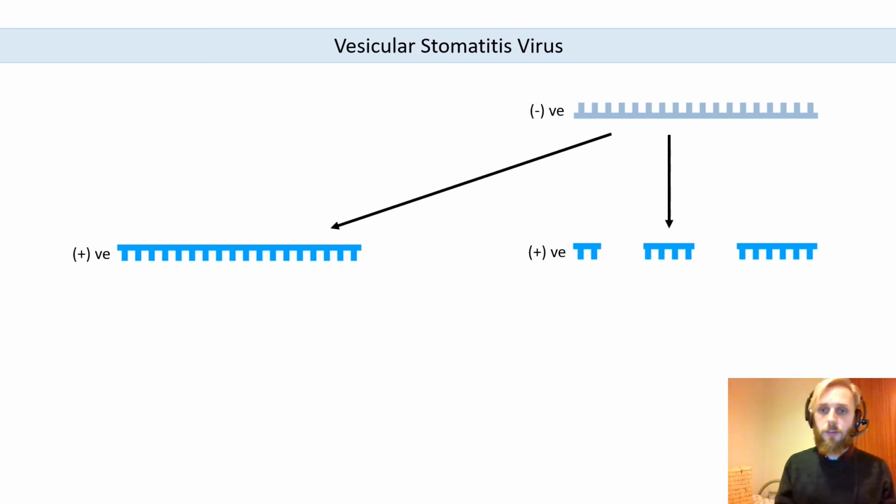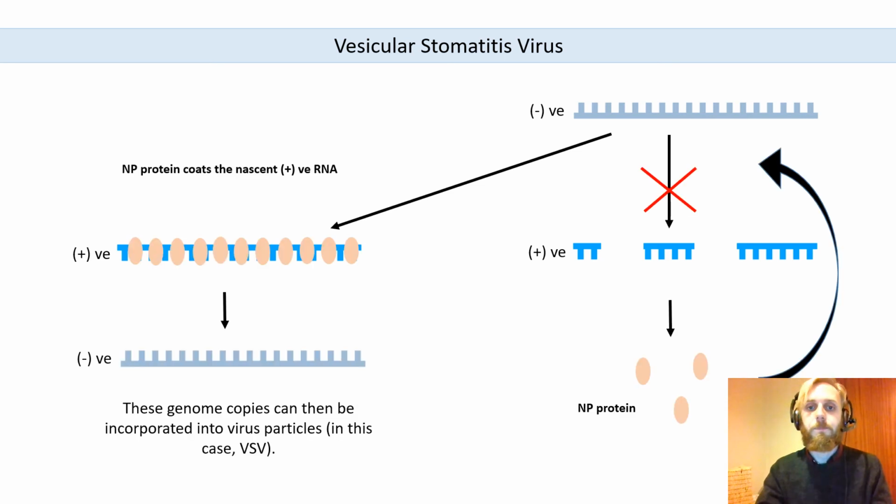A switch to genome replication is required to produce these full-length RNA fragments rather than the subgenomic fragments that are defining genome expression. So the virus wants to go from genome expression using subgenomic fragments to genome replication, which is defined by these full-length fragments being produced.